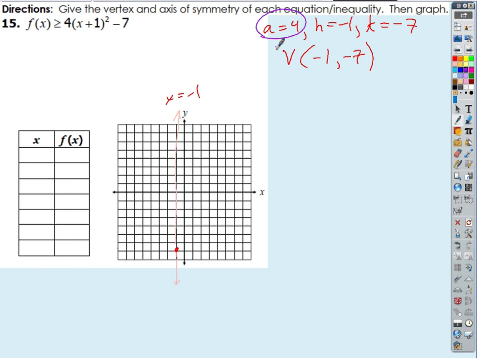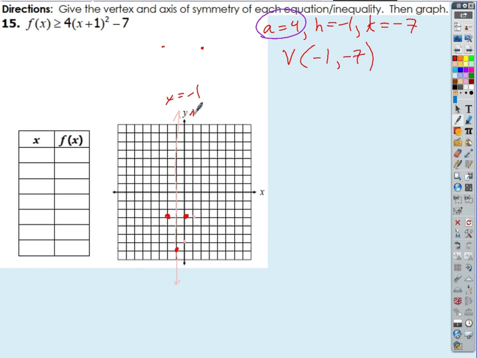So instead of going over 2 and up 4, I'm going to go over 2 and up 4 times a, which is 4. 16. Yeah, right. So instead of over 1 and up 1 and over 2 and up 4, we're going over 1 and up 4 and over 2 and up 16. So it's like clear up there somewhere, right? And then I'll just reflect those over to the other side, and I'm going to get a really tall, skinny parabola.